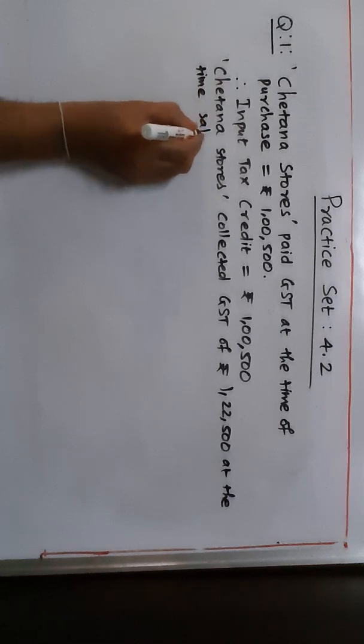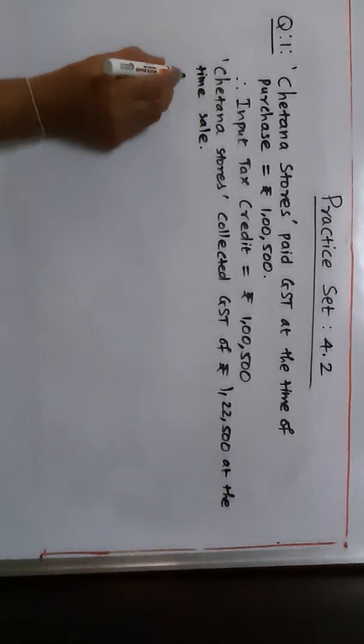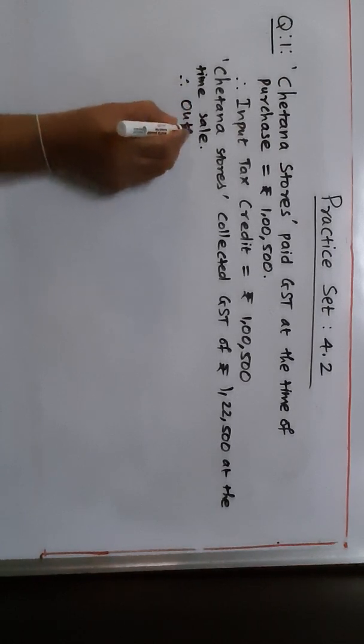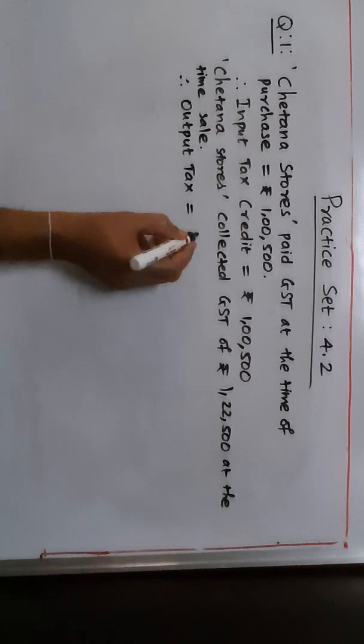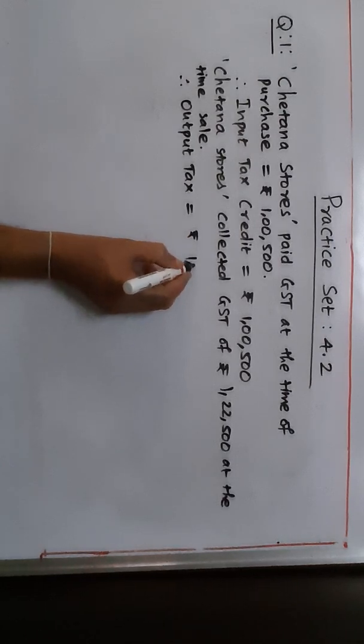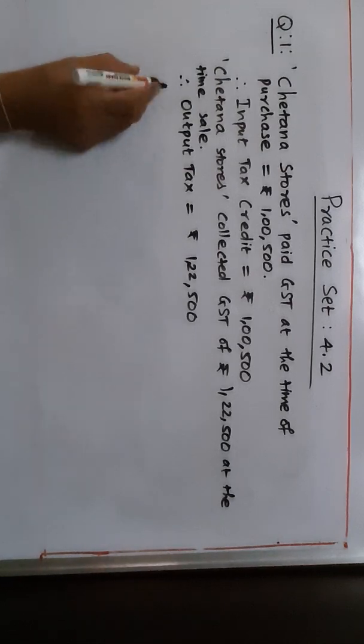That means this is the GST collected by Chetna Stores from the consumers. Therefore, it becomes the output tax. Output tax becomes rupees 1,22,500, and we know that GST payable.